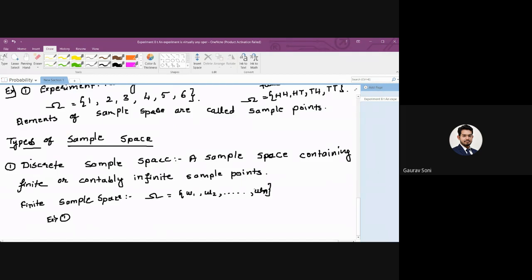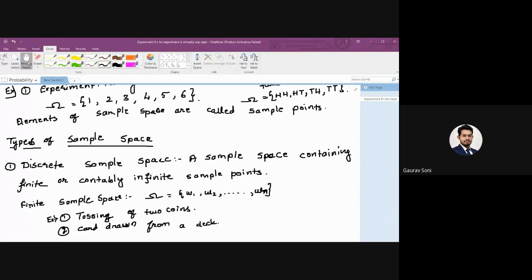Such sample spaces are finite sample spaces. For example, tossing of 2 coins, and second, a card drawn from a deck. Whatever the outcome, those are finite in this case.